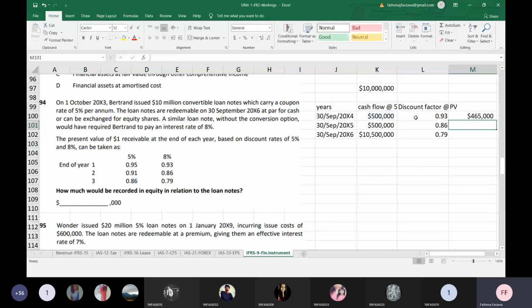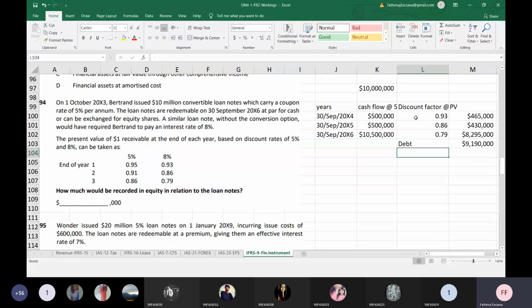Into this. So if I sum it up, this is my value, this is my debt value.